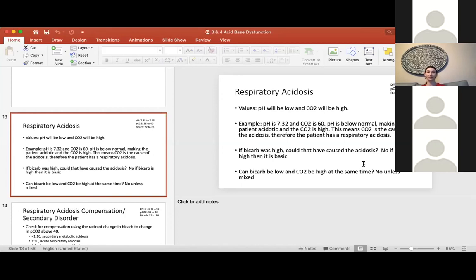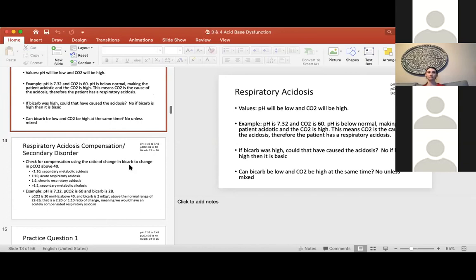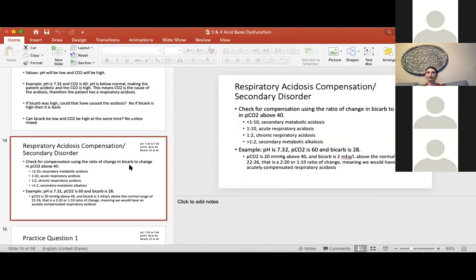The answer is no, unless you've got a mixed respiratory acidosis and metabolic acidosis, which probably will not happen on your test, but can happen in the real world. And the stuff I've been studying for my COMATs, it could happen on there. So it's good to know for next year. I know you probably don't care at this point.